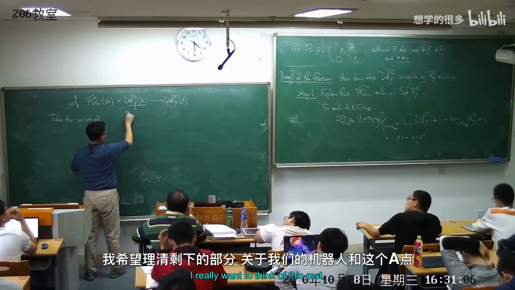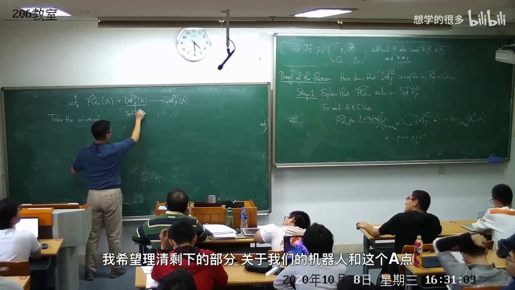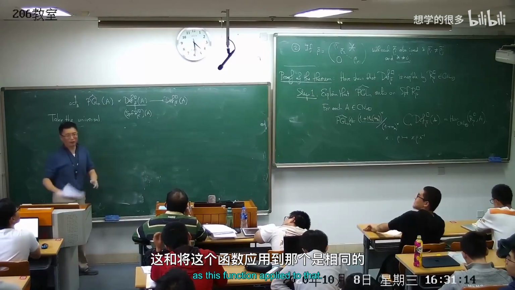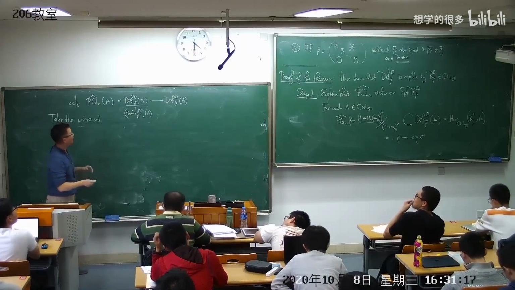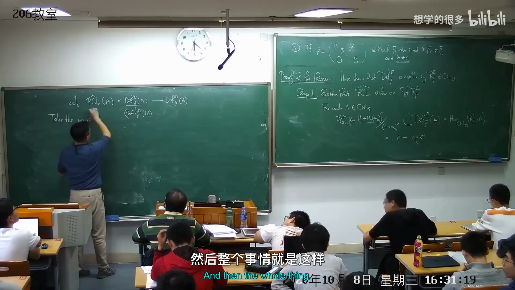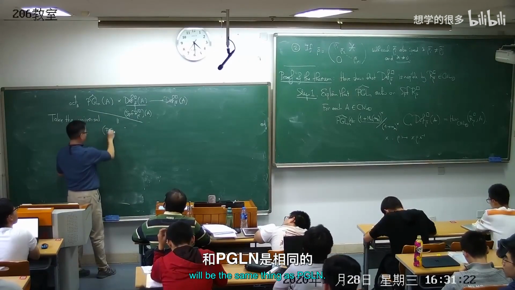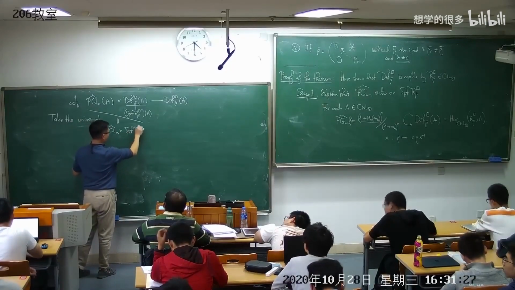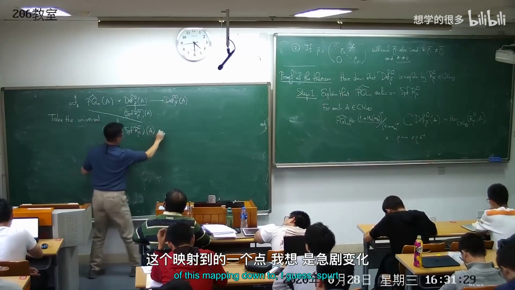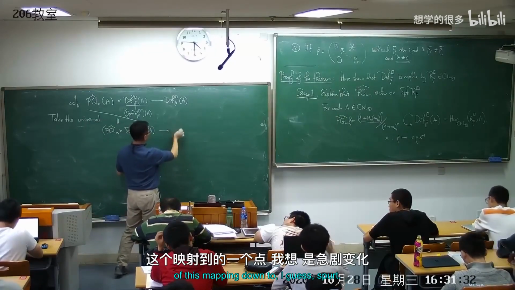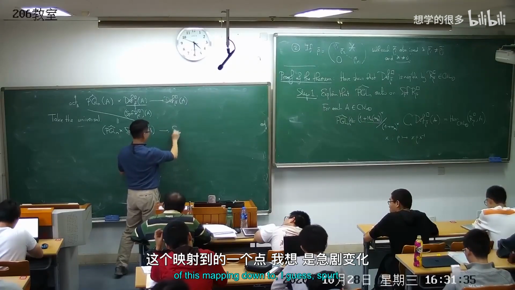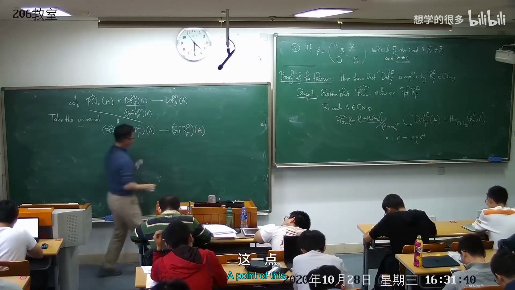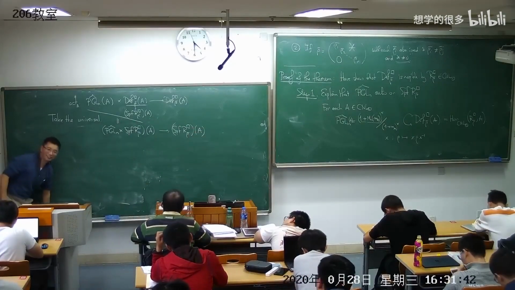I really want to think of this as split of R rho bar, the A point of this. That's the same thing as this functor applied to that. And then the whole thing will be the same thing as PGL_N, A point of this, mapping down to split, A point of this. Okay.